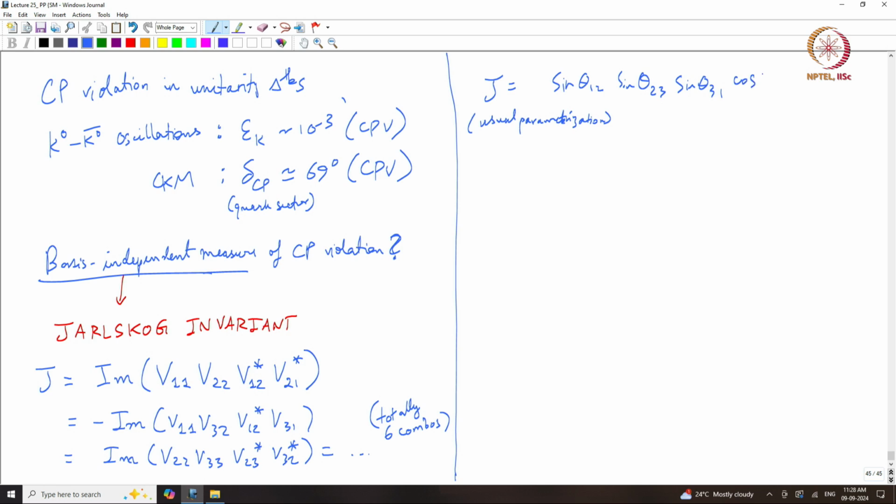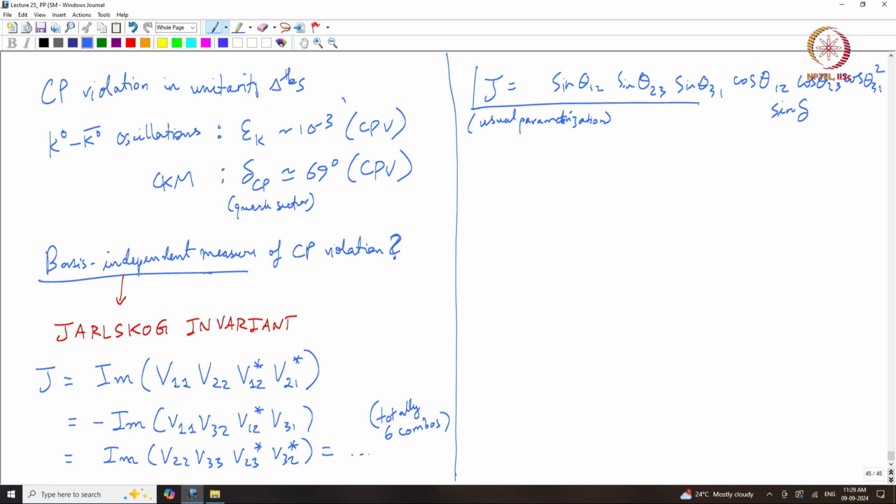So, cos theta 12, cos theta 23, cos theta 13, turns out there is a square just for this one, and most importantly, sine delta.